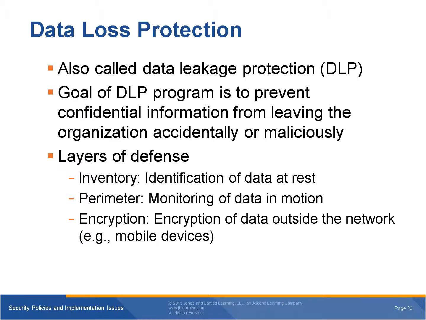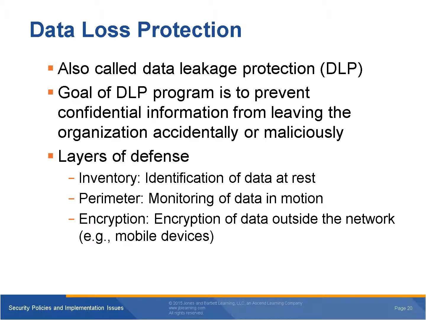And then data loss prevention, also called data leakage protection. The goal of the program is to prevent confidential information from leaving the organization accidentally or maliciously. For example, if you have a bank and you have a customer service line, people in that customer service line have access to credit card numbers and account numbers.